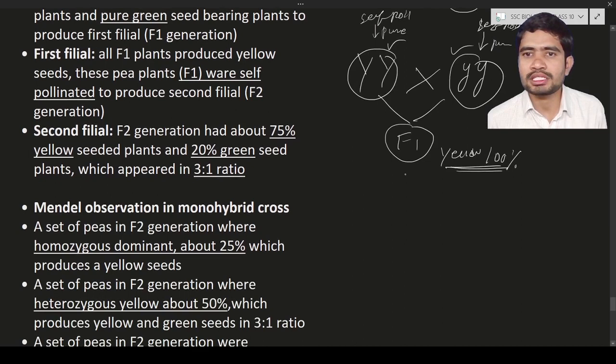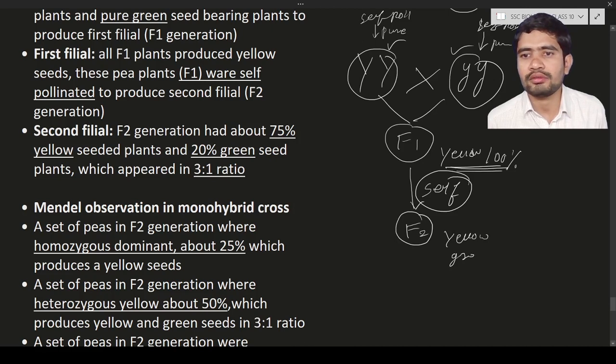Next is the second filial generation. How will you get the second generation, or F2? You will get F2 by doing self pollination again. By doing self pollination here, you will get the F2 generation. In the F2 generation the color is different. Yellow will be there and green will also be there.